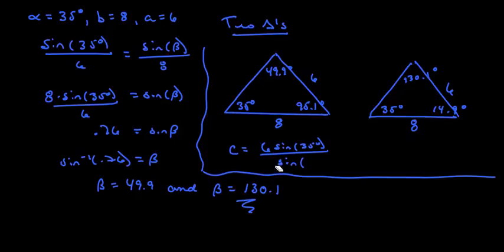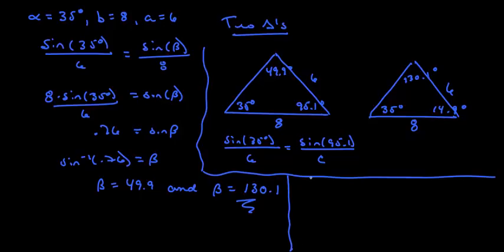oops, let me just make sure I've got that correct. It looks right, but I just want to do the math out a little bit more here. So this is going to be sine 35 over 6 has got to be equal to the sine of 95.1 over C. So in other words, let's just do it down here.